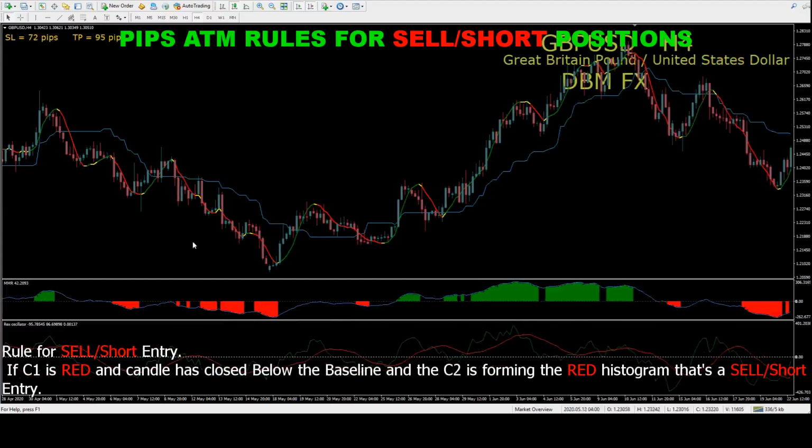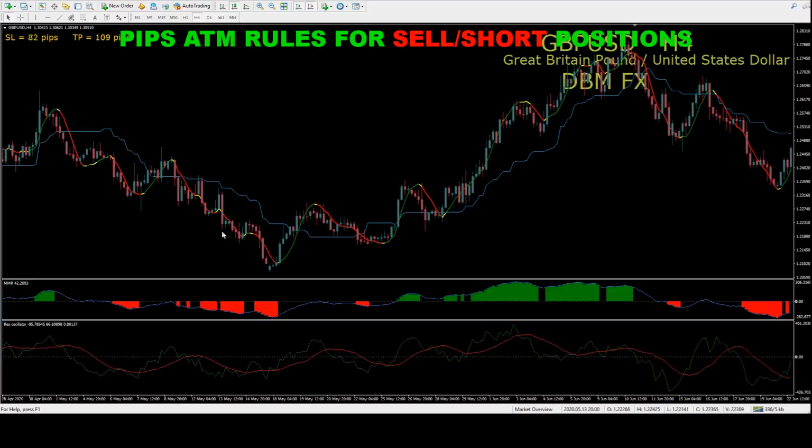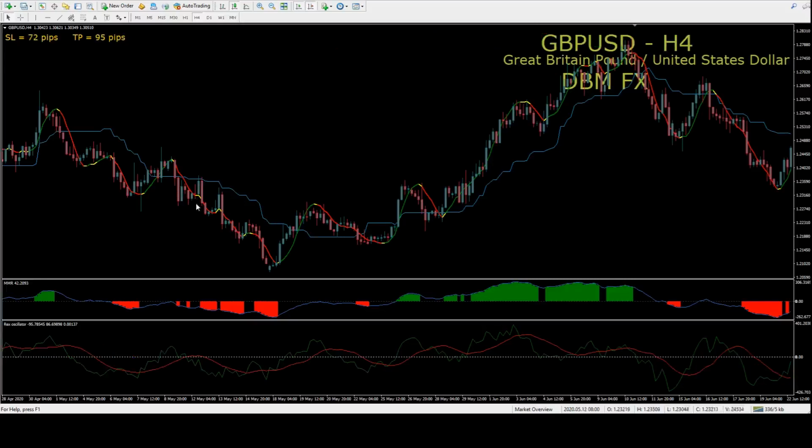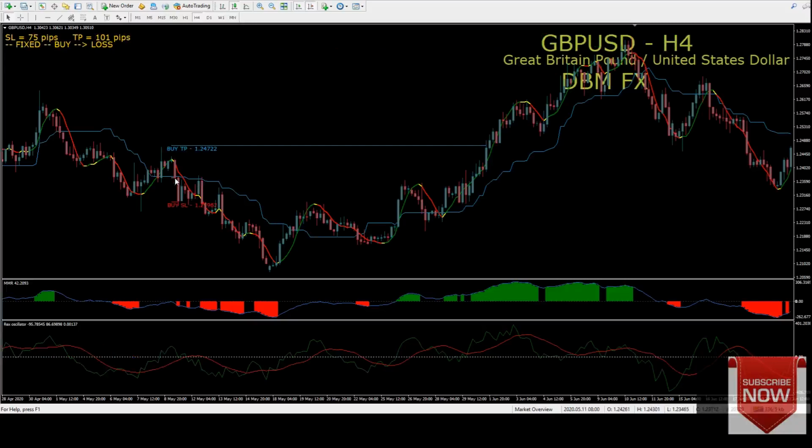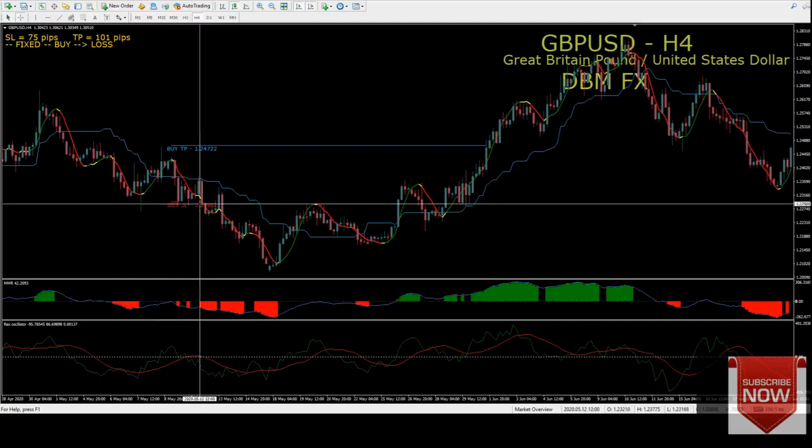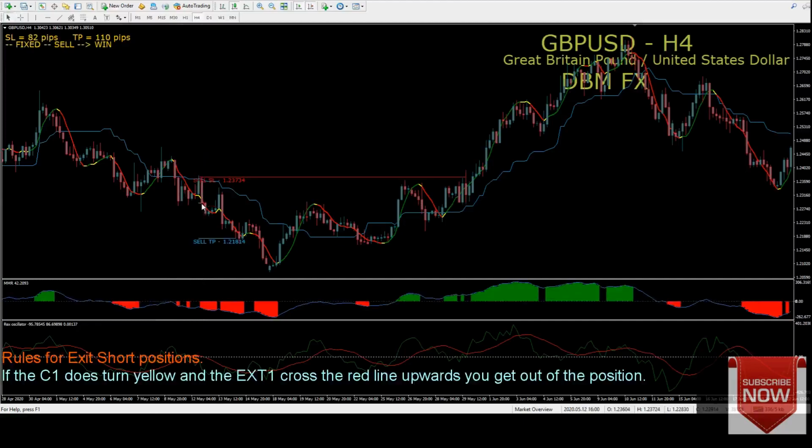Okay, then if you have actually entered a short position and you want to really ride it almost to the bottom, I actually have some rules to keep it a bit longer. So let's say you enter here because you are below the baseline, and actually here you don't have the histogram yet. You want to ride it to the bottom.